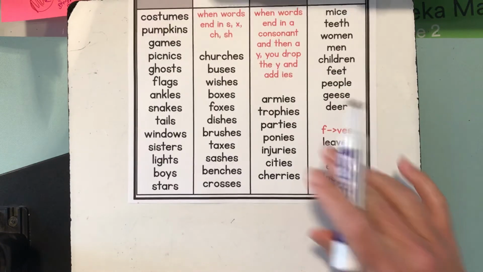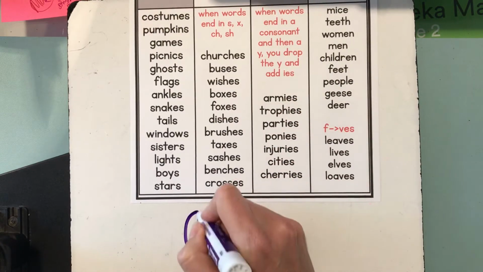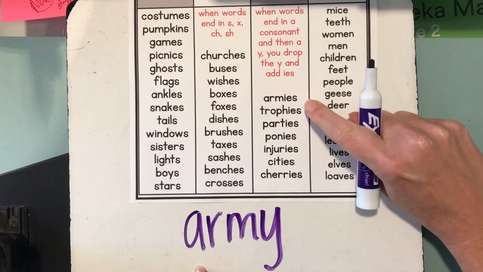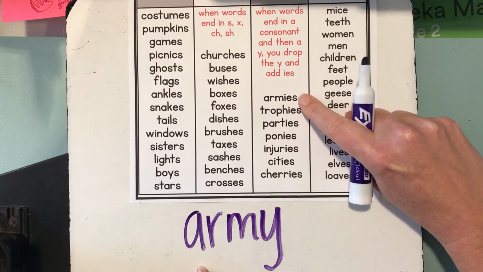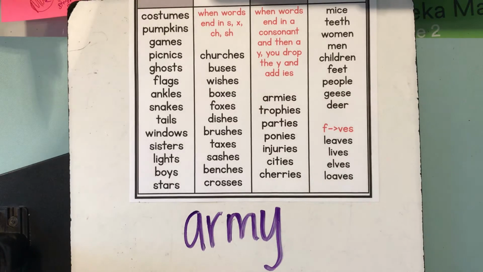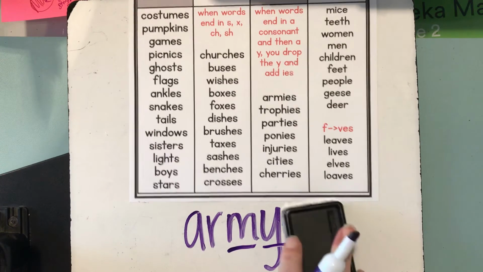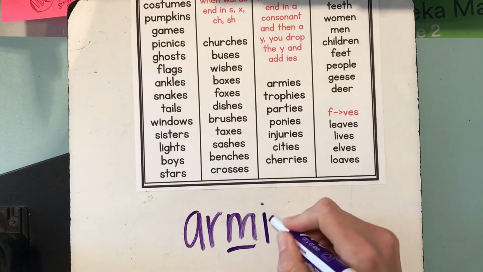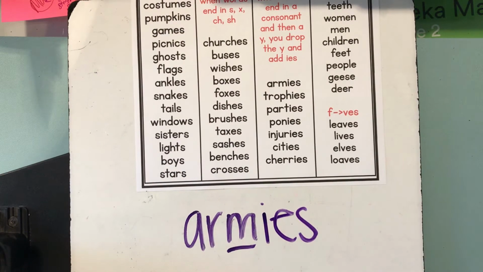So for instance, this first one, it used to be army, okay? Before they made it plural, it was army so it had a consonant here, M, and it had the vowel Y, okay? So we're going to drop the Y and add IES to make it plural. So now it says armies.